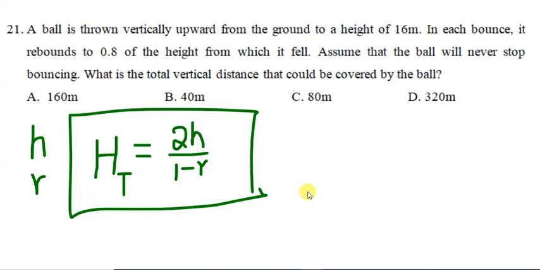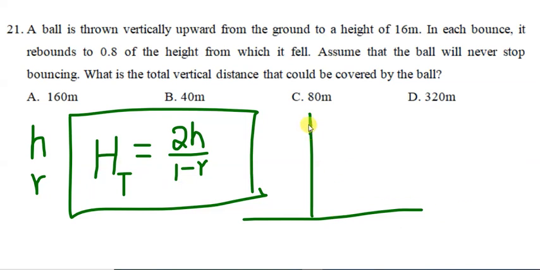Here, as the question tells us, the ball is thrown vertically upward. Let us draw the path of the ball. Assume the ball is thrown from the level ground here. Suppose this is the level ground, and to this height, we throw it upward. Let us draw the level ground as such. Assume that it is horizontal.